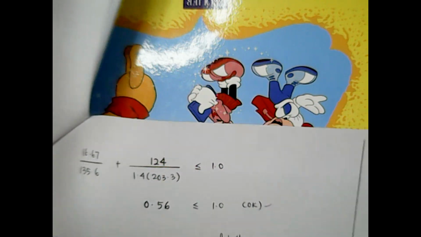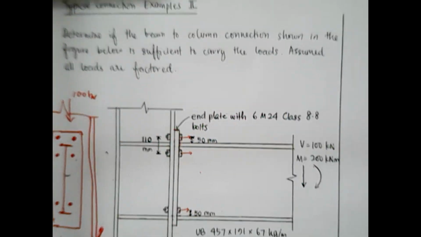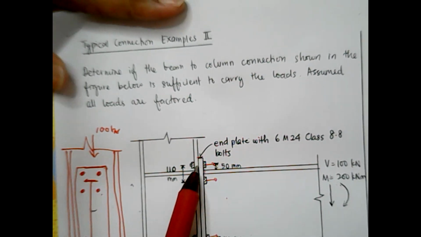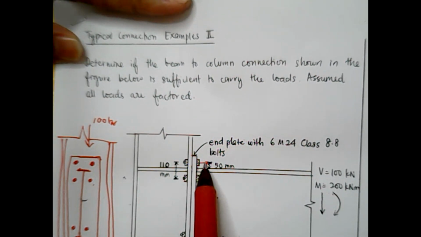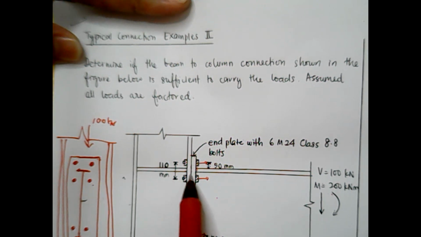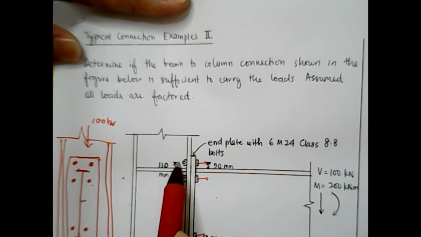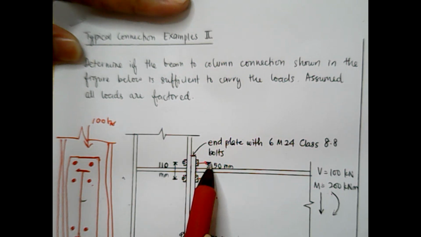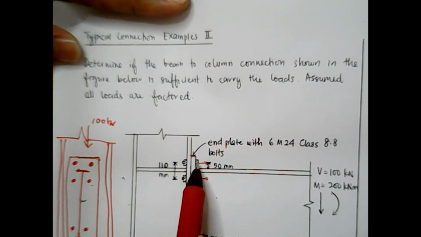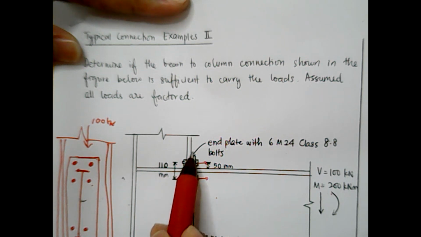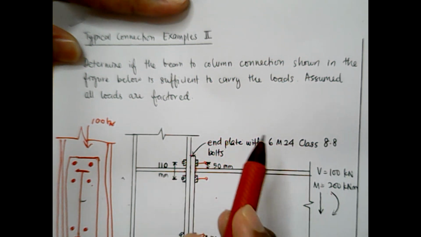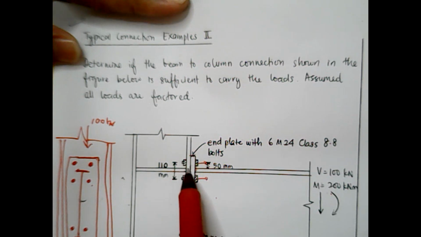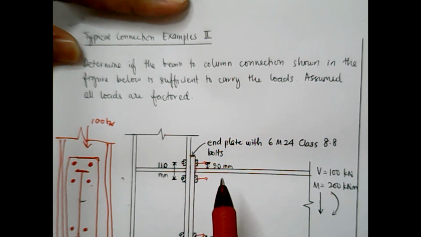So what I'm trying to say in these examples is that the top bolt is satisfactory in carrying the shear, also satisfactory in carrying the tension alone, and when we check whether the bolt is still able to carry the combination of shear and tension, yes, the bolt passes those checks.